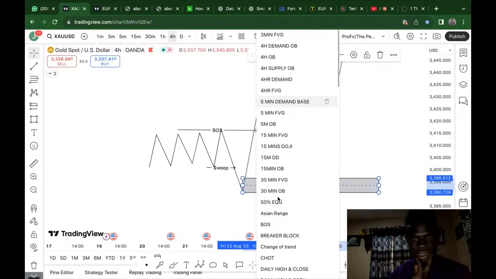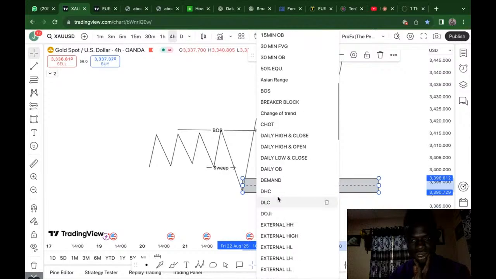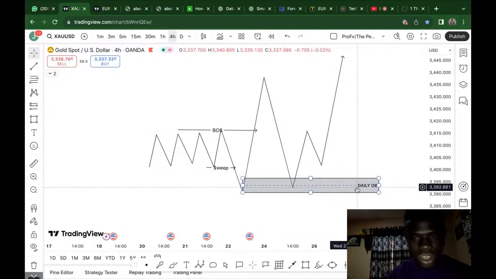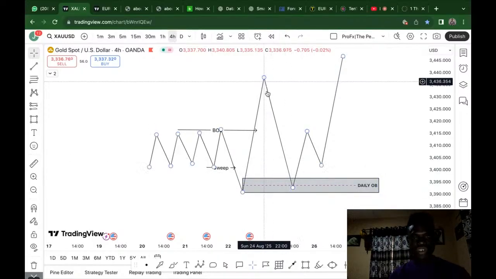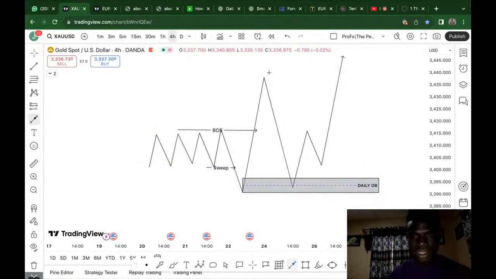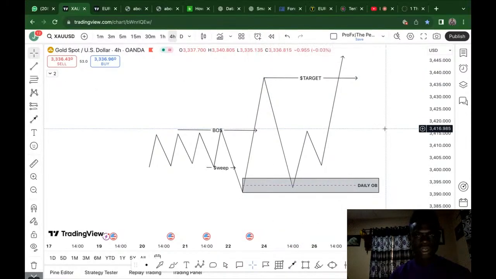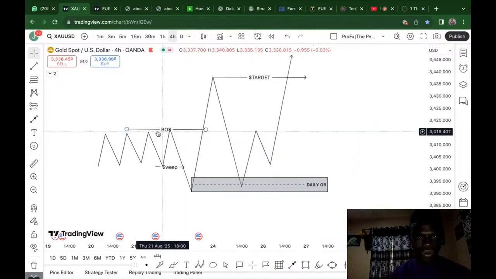Let me use a 15 minutes order block. So whether it's daily or whatever it is, price retraces to the order block and targets this take profit. So this is a pattern to watch out for on gold.